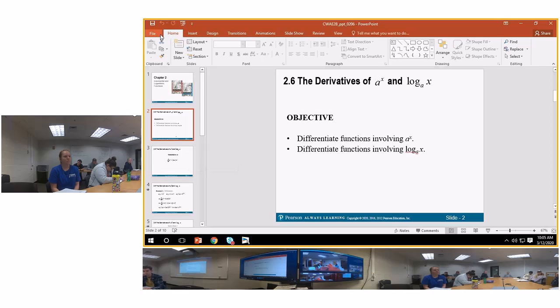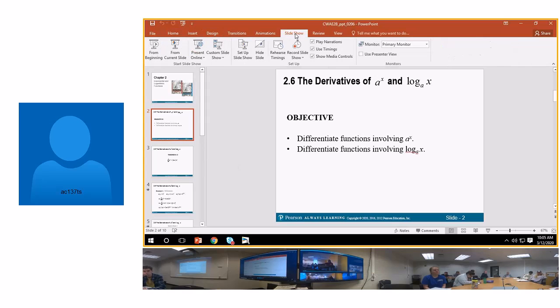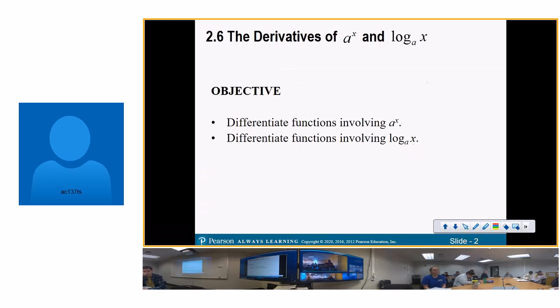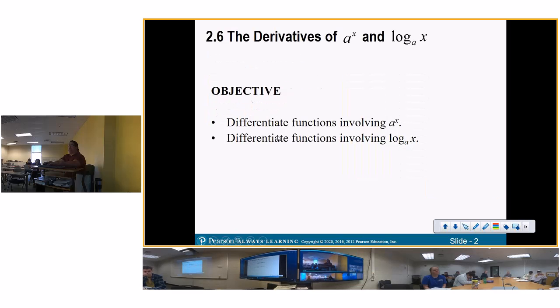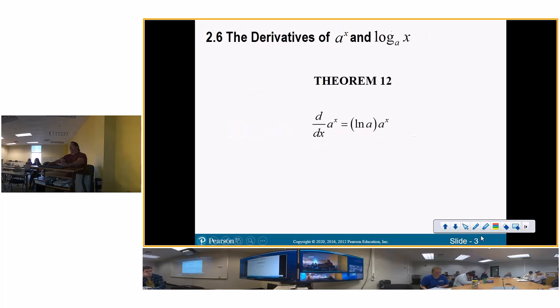First of all, when you have the derivative of an exponential, they don't have it written the way I want it. There it is: the derivative of a to the x power. So let's go with 2 to the x power. If you have 2 to the x power, then it's going to be the natural log of 2 times 2 to the x.